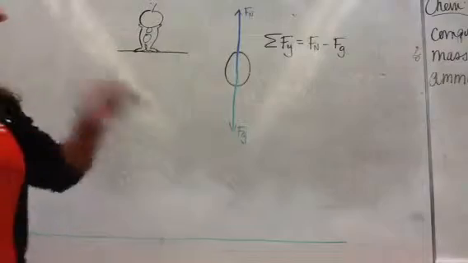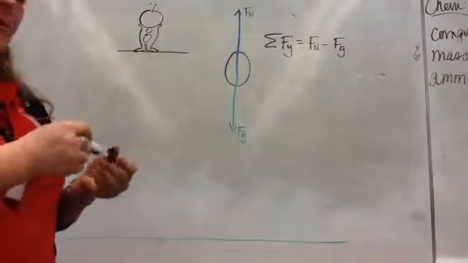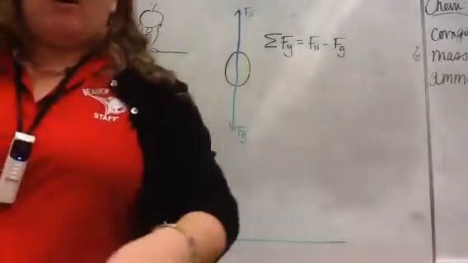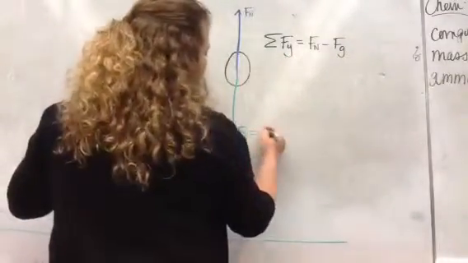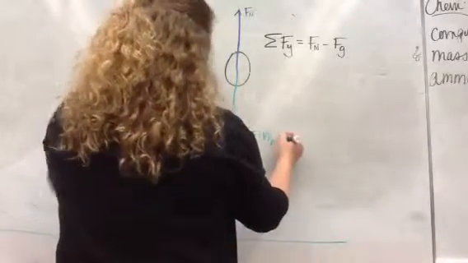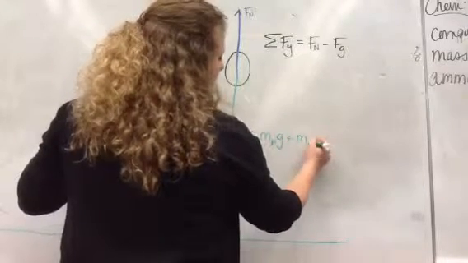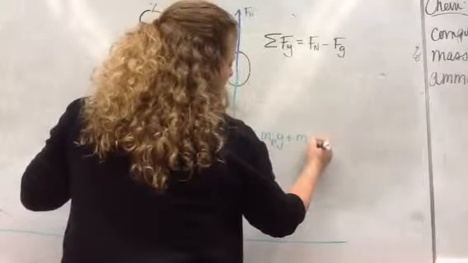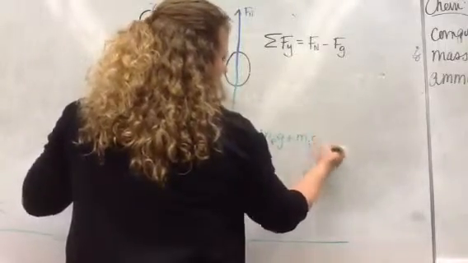Okay. Now, thus far, we haven't labeled anything about the force of gravity on him. But what we know to be true is this. The force of gravity is equal to the mass of the pumpkin times g plus the mass of our weightlifter, what is his name, Joe, the mass of Joe times g.